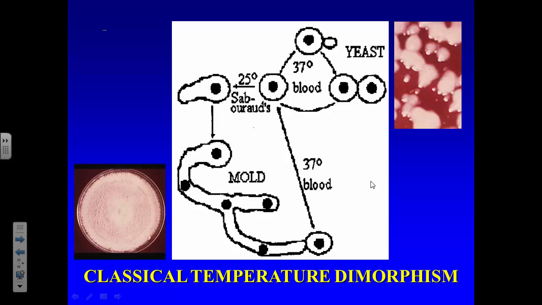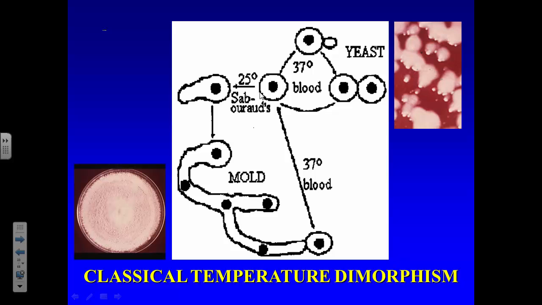And we speak of this for certain fungi as having what's called classical temperature dimorphism, in which case, if it is growing in the body at 37 degrees on a rich medium like blood agar without any immune cells to try and gobble them up and get rid of them, at 37 degrees they'll grow as a yeast cell and produce, if I were to culture these yeast cells on blood agar, a typical pasty yeast-like colony.